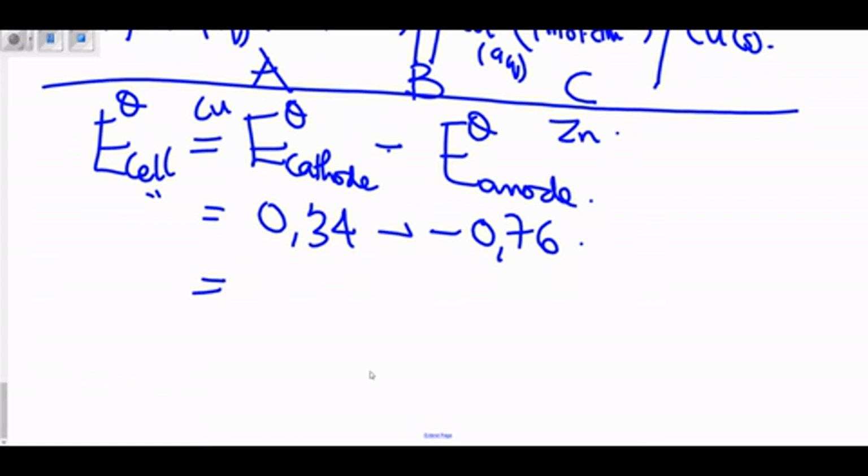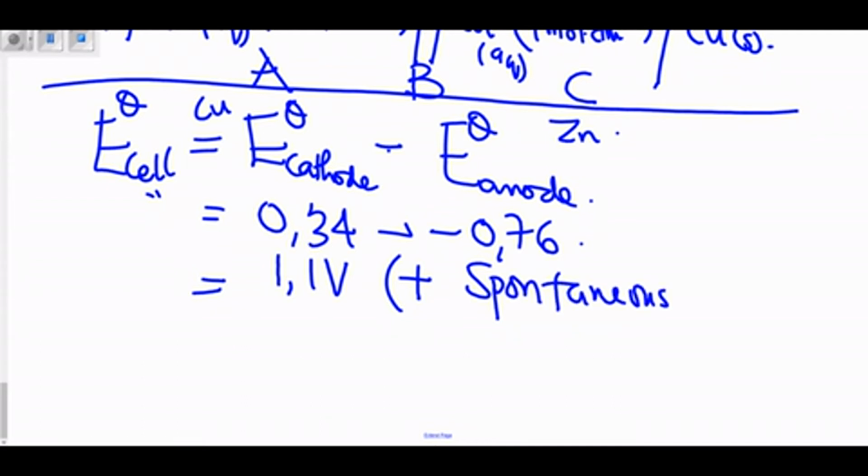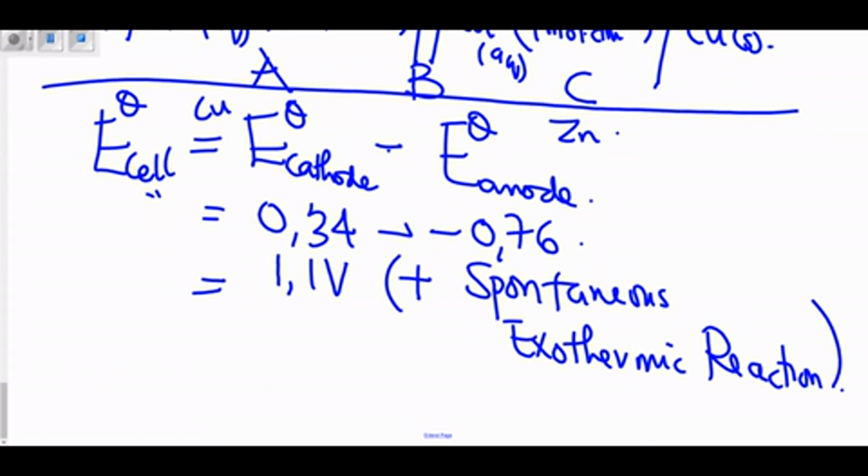And this would give you 1,1 volts. Positive. Remember, this is a positive answer, which means it is spontaneous, and meaning it is an exothermic reaction.